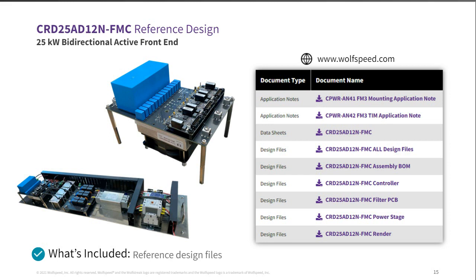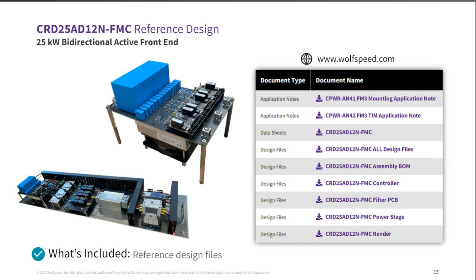This is based around the 21 milliohm 6-pack FM3 power module. And you can see the full system in the bottom. What we've tried to do is make it realistic to where you have all the functionality required for a grid-tied system.